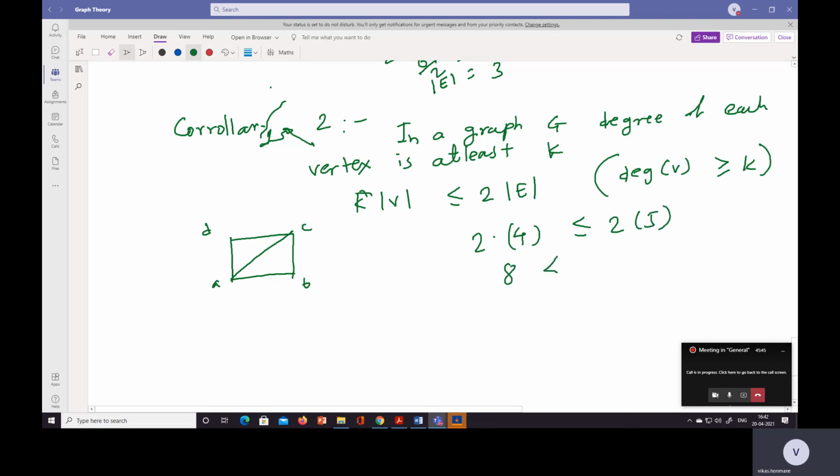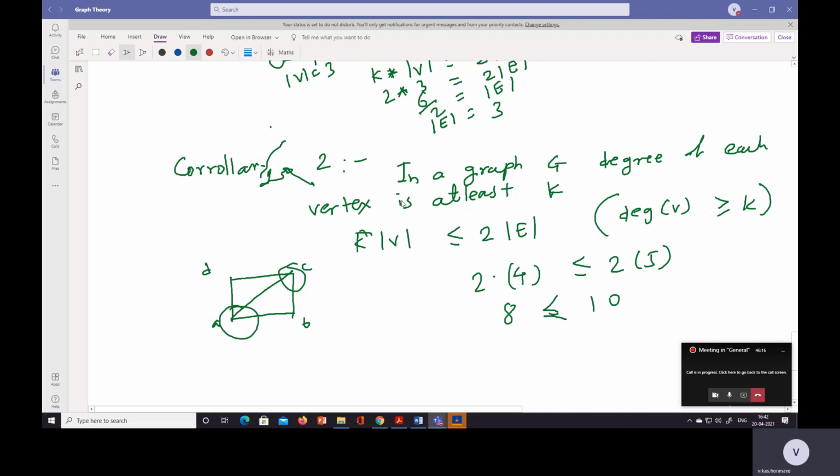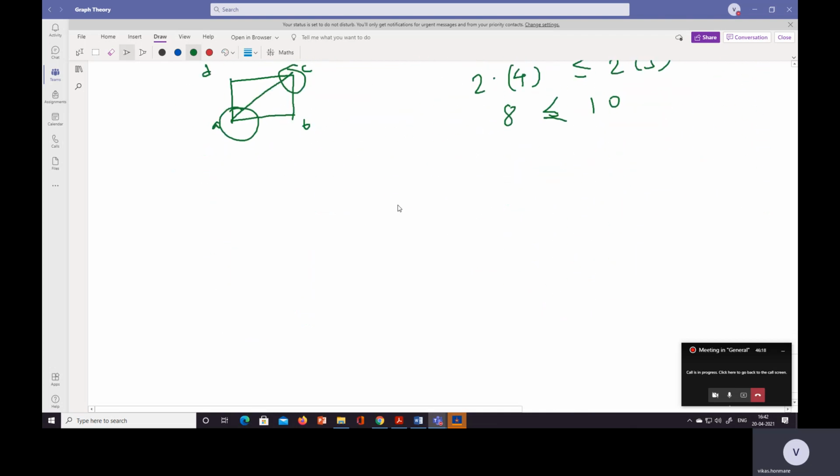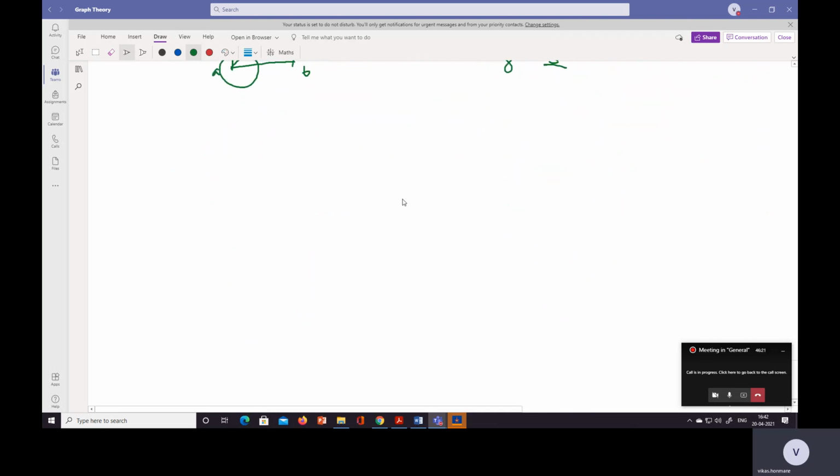Okay, so 8 is less than or equal to 10, so that means it is true. At least k means 2 should be there, and greater than 2 is allowed, because here for these 2 vertices degrees are 3, but at least 2 is required. Okay, now we can use these corollaries while solving problems. Now let's see the next question.